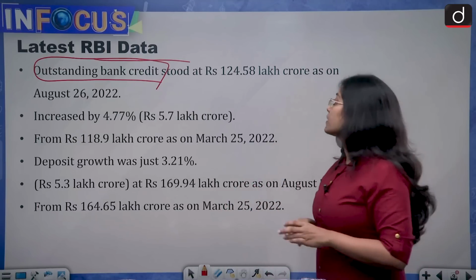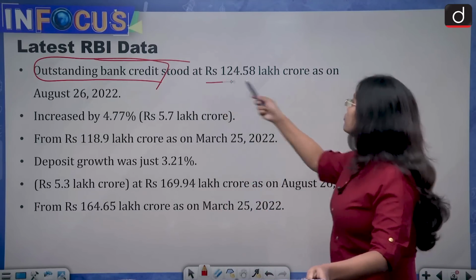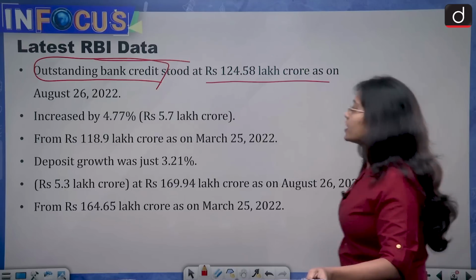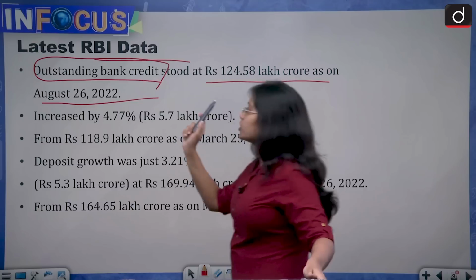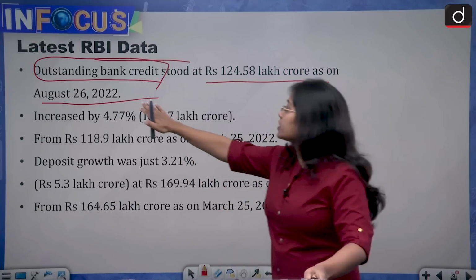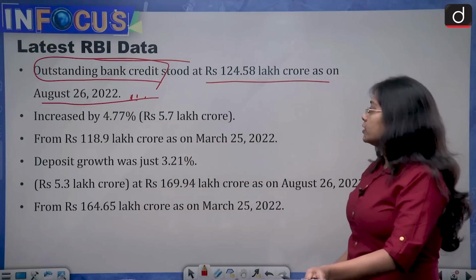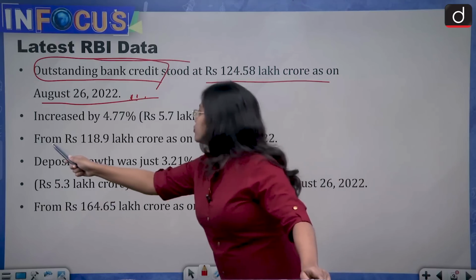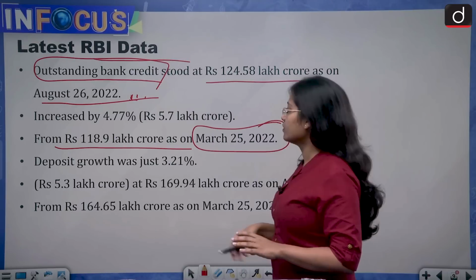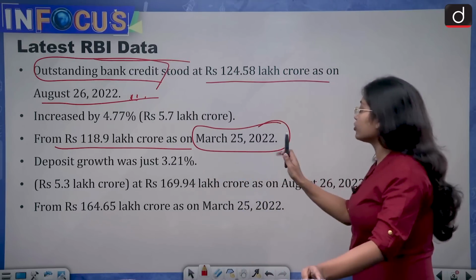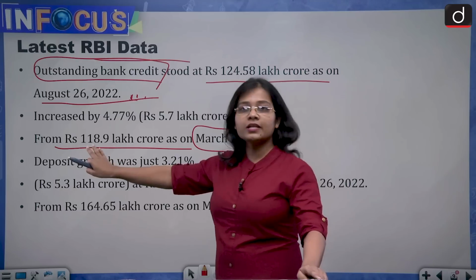So the outstanding bank credit stood at rupees 124.58 lakh crore on August 26, 2022. Earlier, on March 25, 2022, it was 118.9 lakh crore.